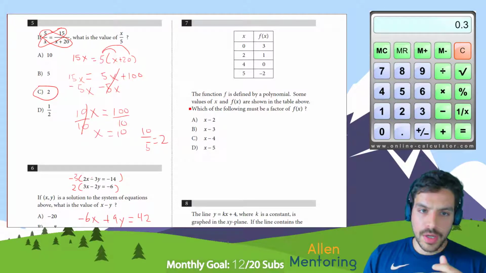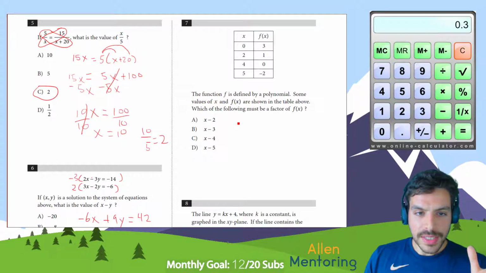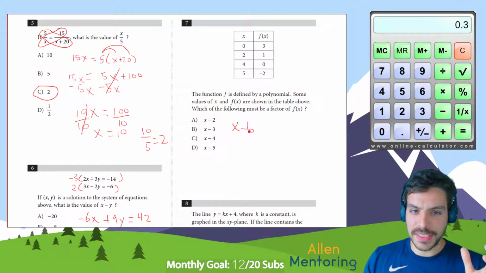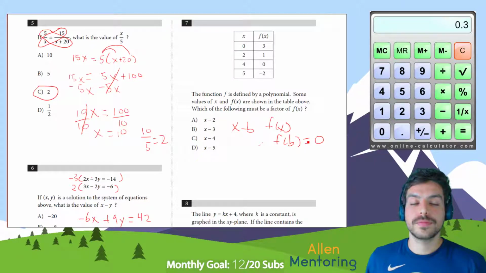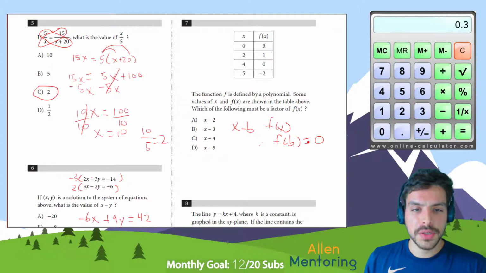And know this: if x minus b is a factor of any function f of x, then f of b must be equal to 0, all right? If you want to put that on a flashcard, that might help you in the future, but knowing this can help you solve probably like 80% of these types of questions.